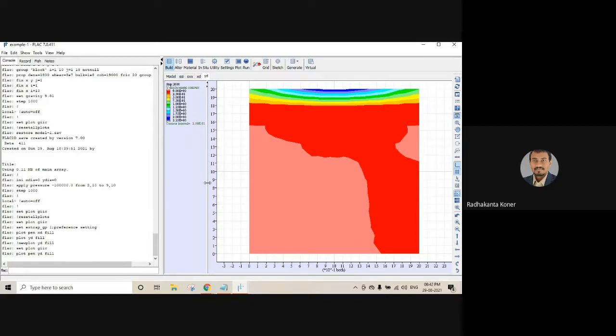And we have left intentionally one grid on the left side, another grid on the right side. Okay, because on the right side as well as left side it is fixed, and on the bottom it is fixed. So, to let the pressure work, we have intentionally left one grid on the left, one grid on the right. So on the middle portion from the top, the concentration of the displacement is high.